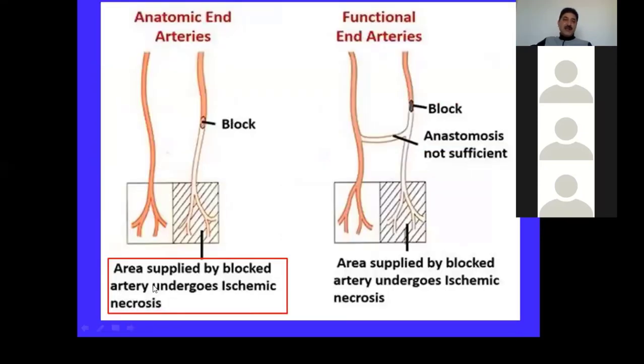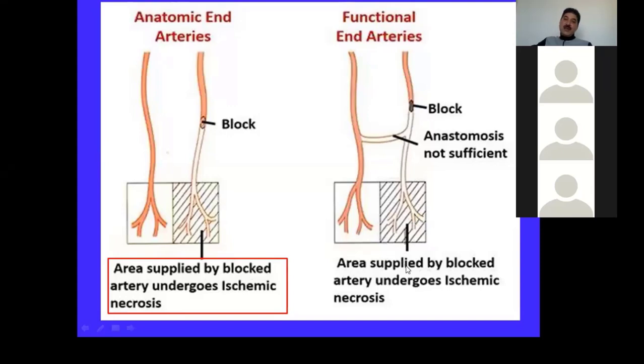In this slide, the area supplied by a blocked artery undergoes ischemic necrosis. Here we have an anatomical end artery. If one vessel gets blocked, in 100% of the cases, the area supplied by this vessel gets infarcted. In functional end arteries, there is some degree of anastomosis between the two, but when the vessel is blocked, this anastomosis usually does not work.